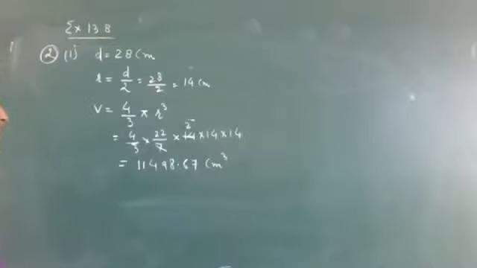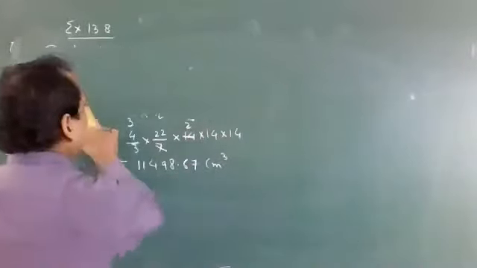Now the question number 3. The diameter of a metallic ball is 4.2 centimeter.